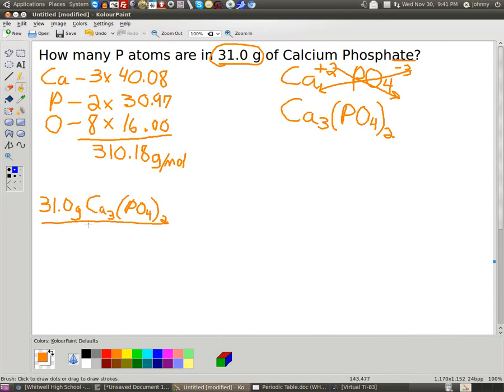I'm going to put this over 1. Next, I'll draw my line out straight again. Since this is grams of Ca3(PO4)2, down here is grams of Ca3(PO4)2, so I'm going to write the molar mass down here. Here I'm going to write 310.18.